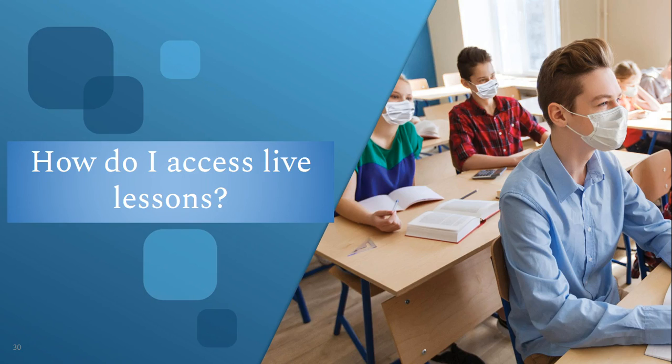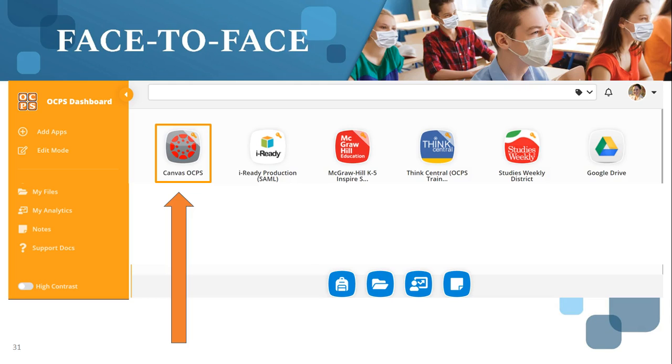By now, your child should have joined a live lesson with their teacher for the first time, but we want to make sure you understand this process in case they're having trouble. Students will access their course through Launchpad. Inside Launchpad, they will click on the Canvas icon to access all the classes in our school.